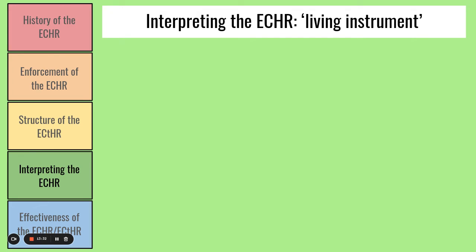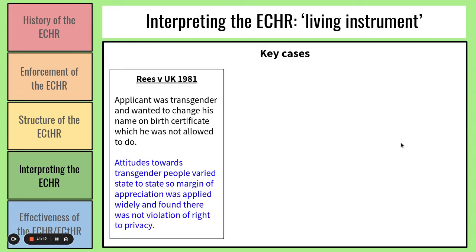We're going to have a look at some cases to do with this then. The first case we're going to have a look at is Rees v UK, which was in 1981. All three cases that we're going to have a look at are to do with transgender people. In this case, the applicant was transgender and wanted to change his name on his birth certificate, which he was not allowed to do by the UK government.